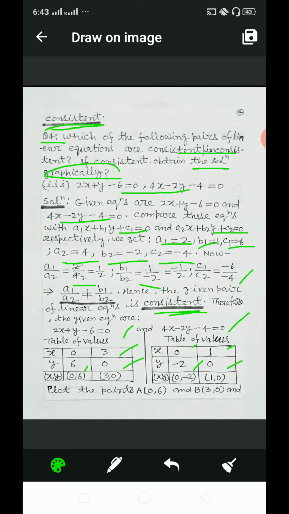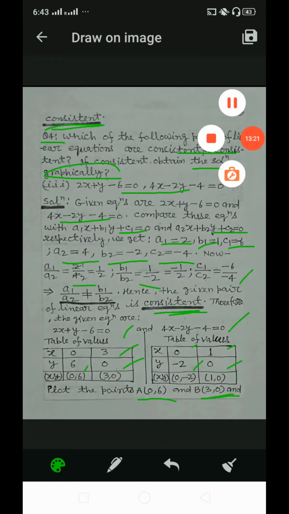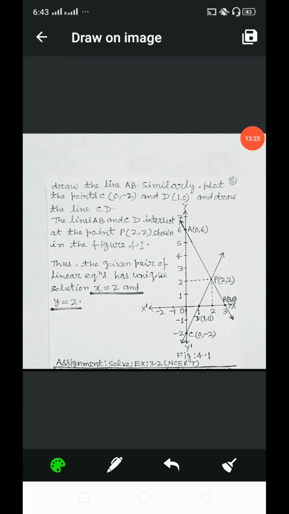Now, we plot the points A 0, 6 and B 3, 0. Draw the line AB. Similarly, plot the points C 0, minus 2 and D 1, 0 and draw the line CD.